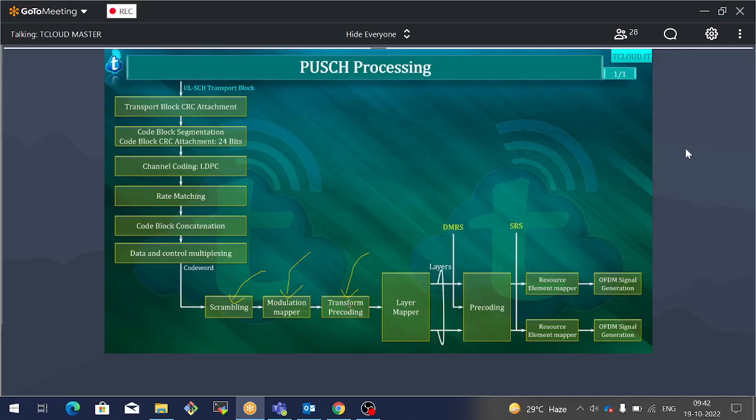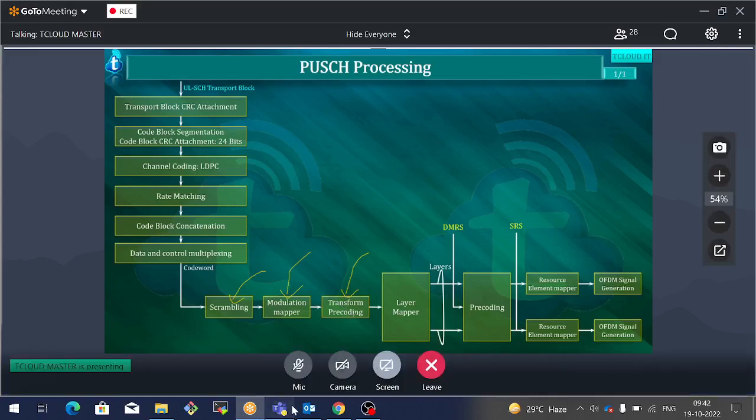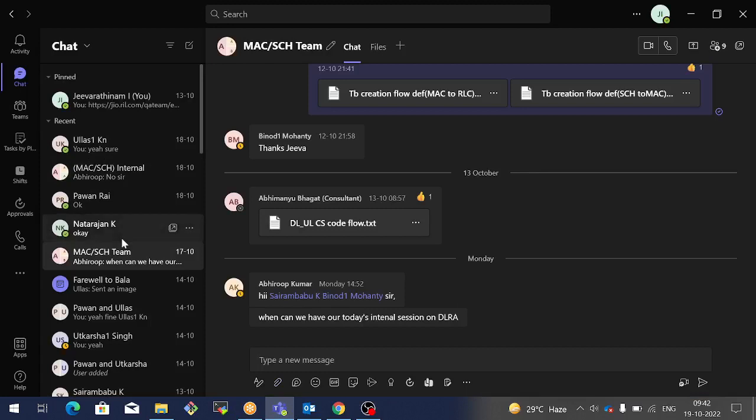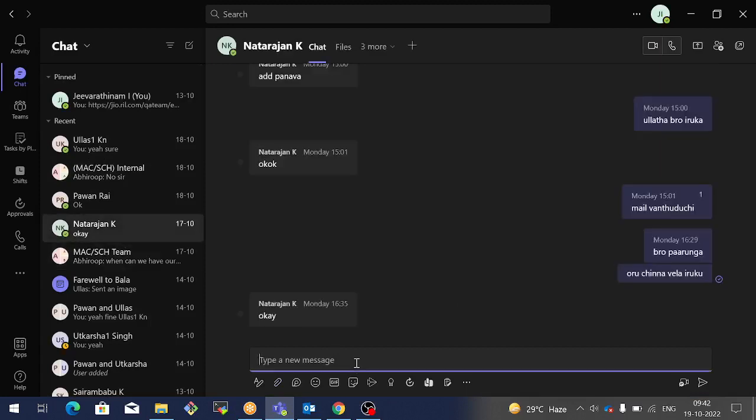It depends on higher layer configuration whether it is enabled or not. If it is enabled, then we do the DFT transform precoding. If it is not enabled, we have to ignore this, so the DFT symbol conversion won't be there. Directly the modulation symbols would be mapped onto the subcarriers, and then they get converted into the radio signal.